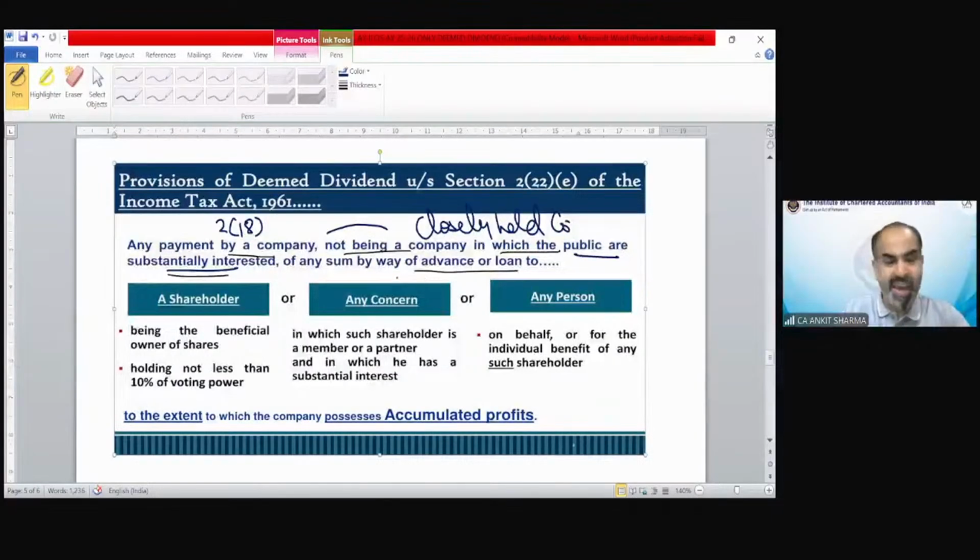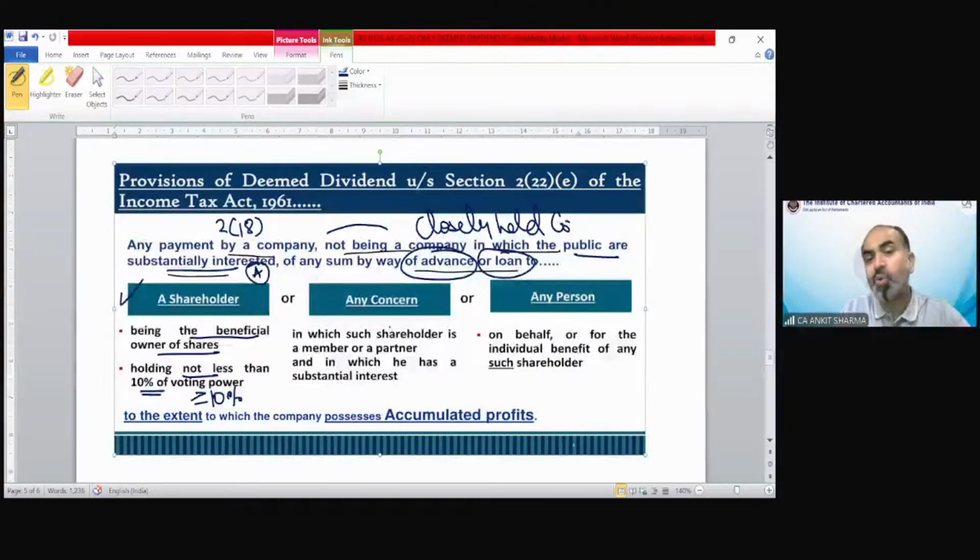So if they provide any sum, whether as an advance or loan, to a shareholder, suppose Mr. A, being the beneficial owner of shares, beneficial meaning real owner of those shares, holding not less than 10% of voting power, so he must have more than or equal to 10% voting power, that means equity shares.